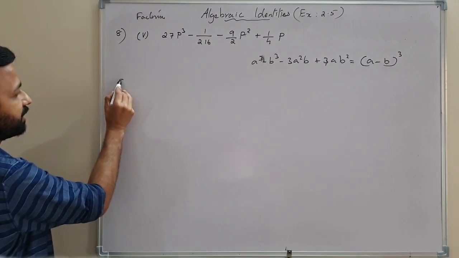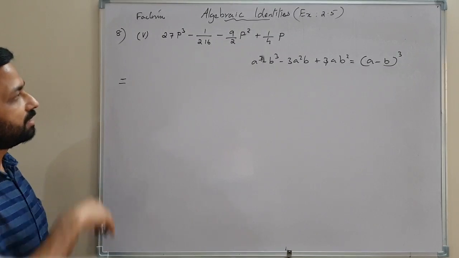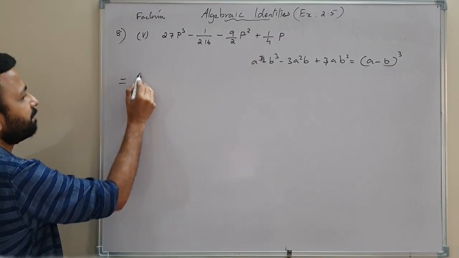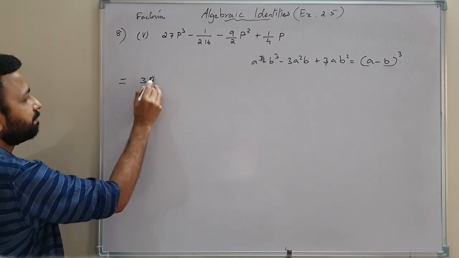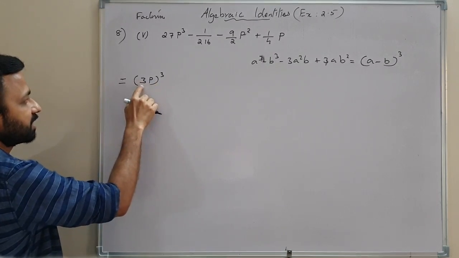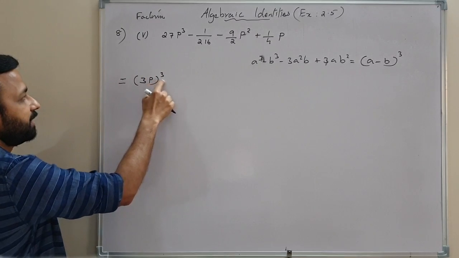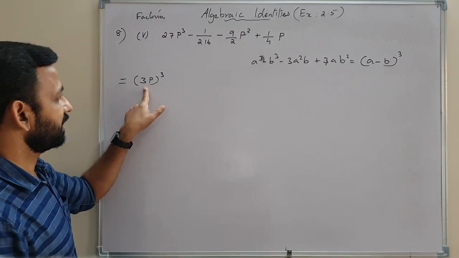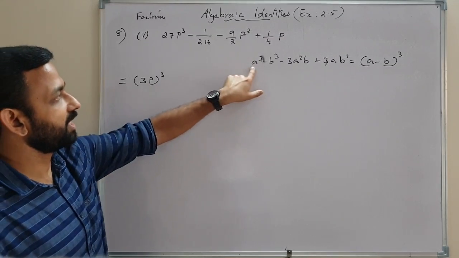First one is 27p cube. 27 is 3 cube, so 27p cube we can write as 3p whole cube. So we got the first term, a cube, as 3p whole cube.